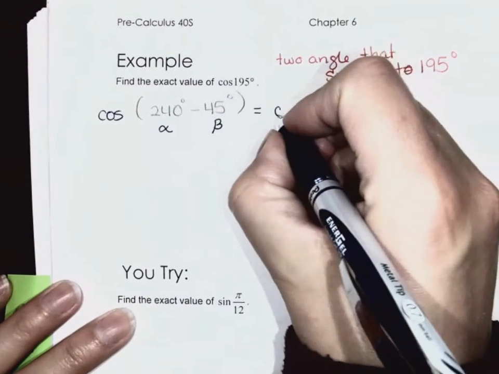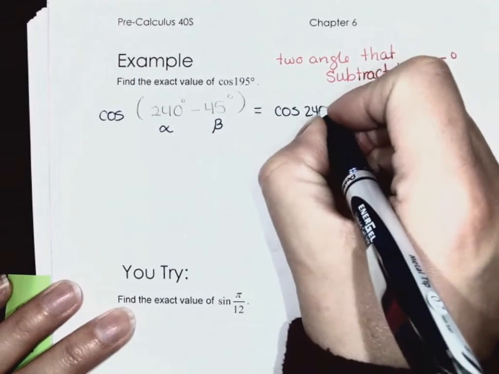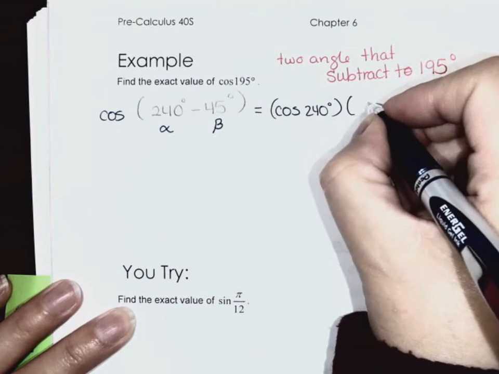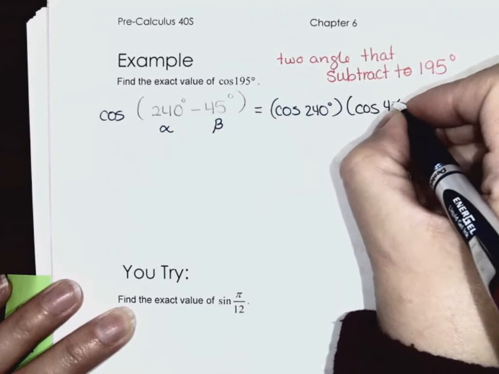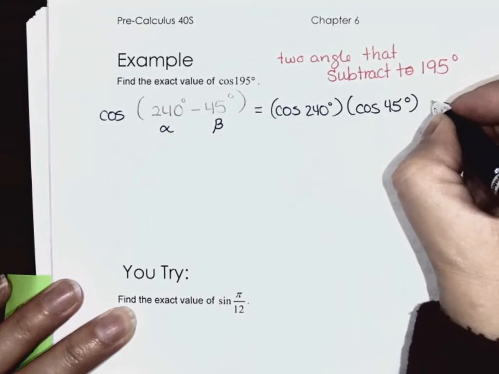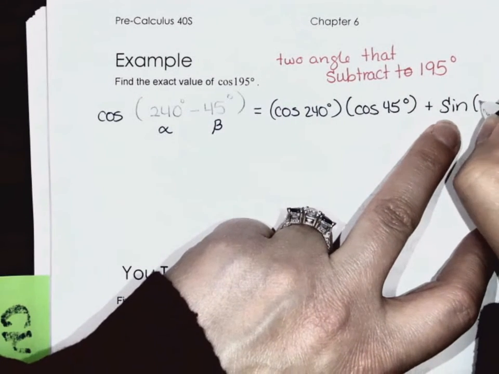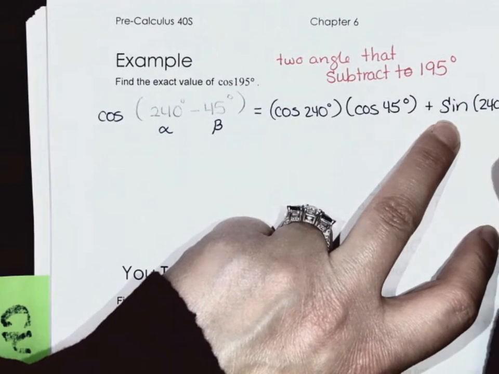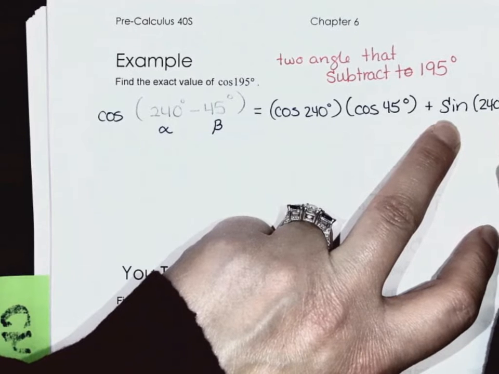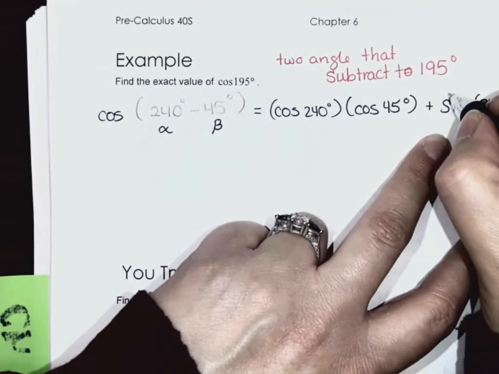This is going to be cos of 240 times cos of 45 plus sine of 240 and sine of 45. Look at the formula.